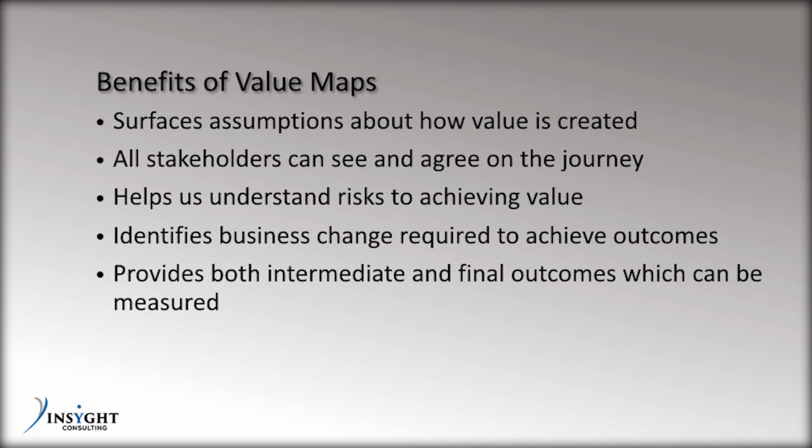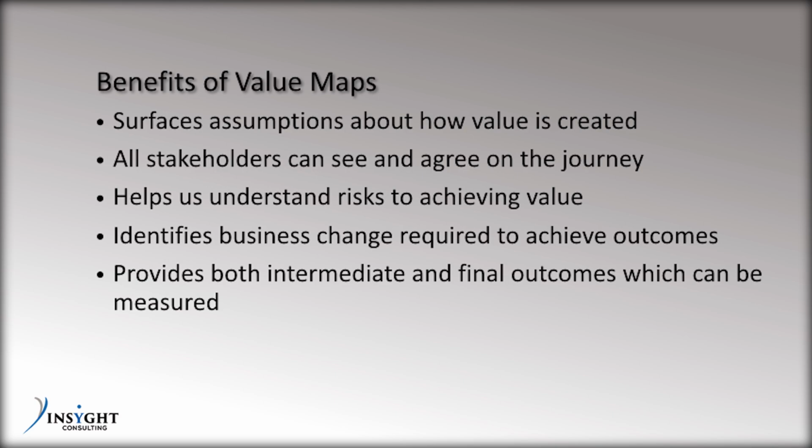It also helps us to understand what the risks are, and that's very important to manage those risks, not just delivery risks, but actually the risk to achieving value, which is another thing again. And part of that will be making certain that the business change occurs, because there will be business change required to achieve these outcomes.